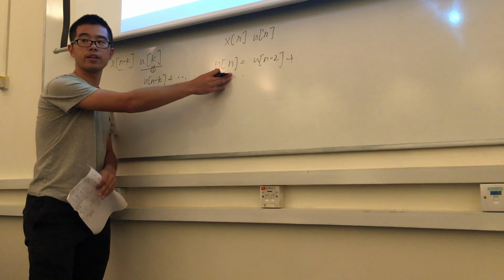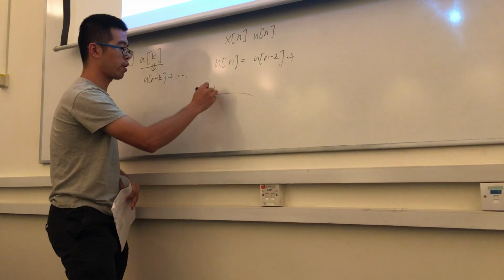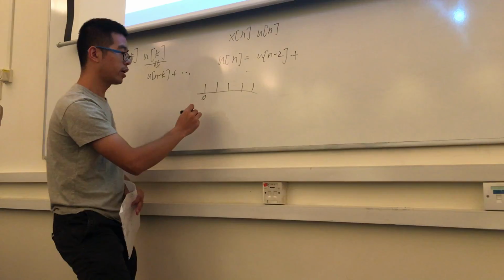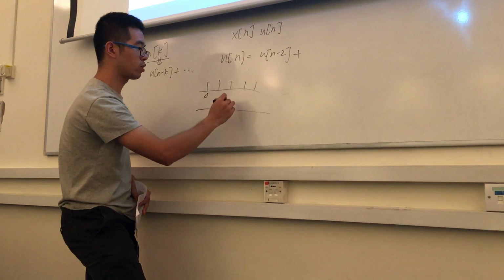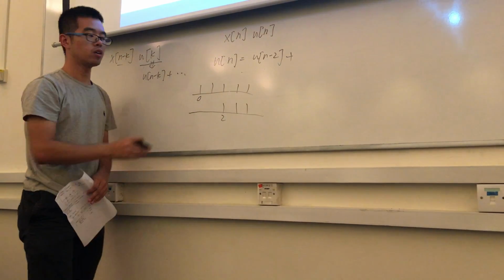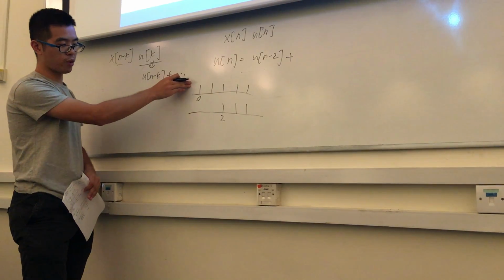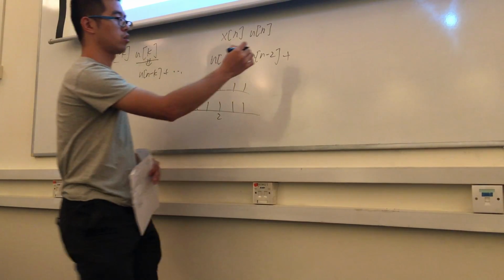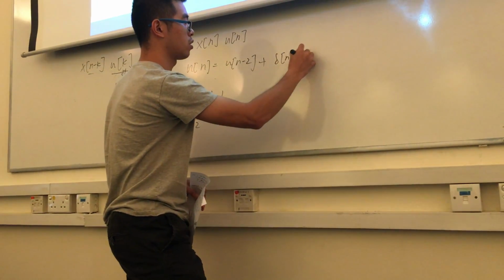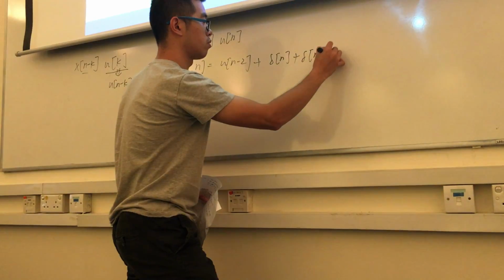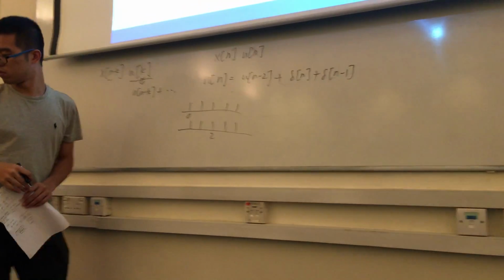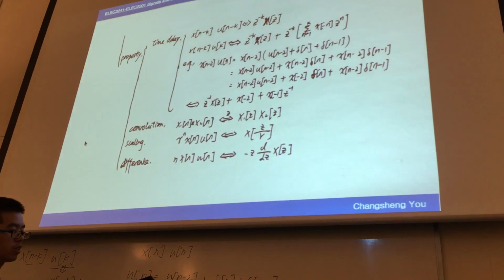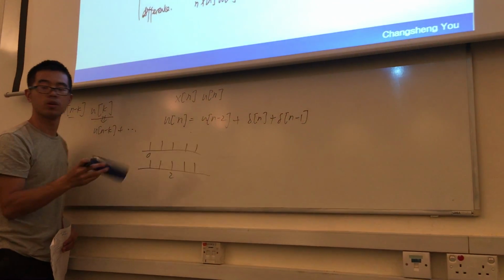Because u[n] has values when n is larger than 0, and u[n-2] only has values when n is larger than 2. So this one can be expressed by this one plus 2 impulses here, right? In this way, we can express this kind of signal in this form.